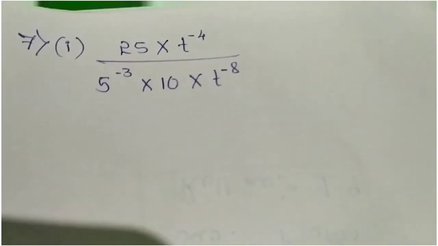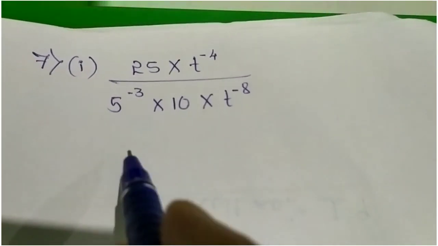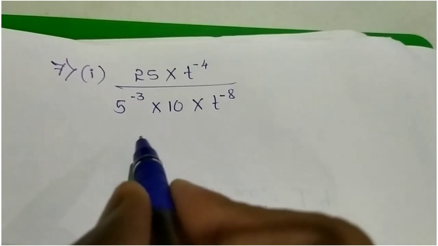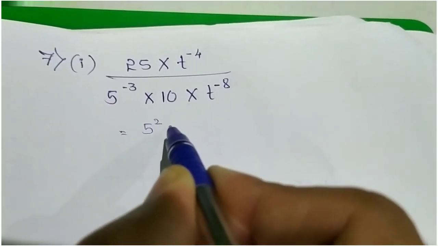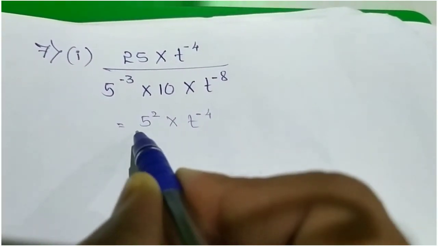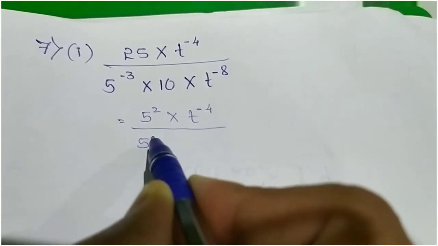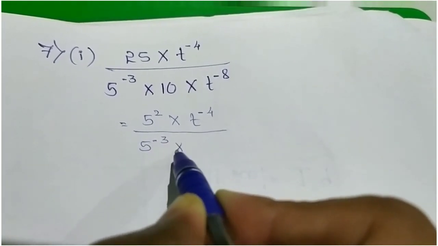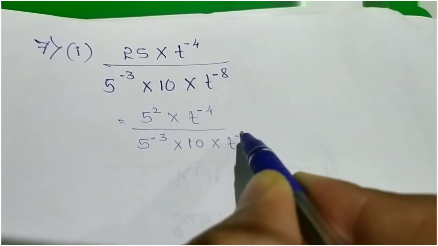In the 7th question also, out of 2, I will solve one here and one for your practice. So I will rewrite this 25 as 5 square into t to the power minus 4, whole divided by 5 power minus 3 into 10 into t to the power minus 8.